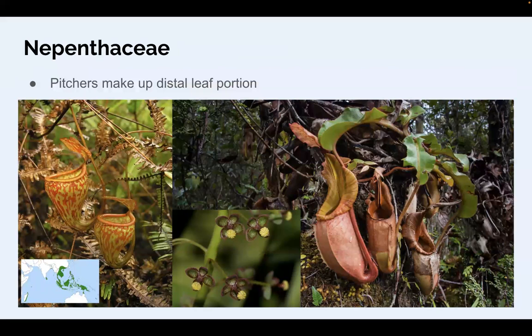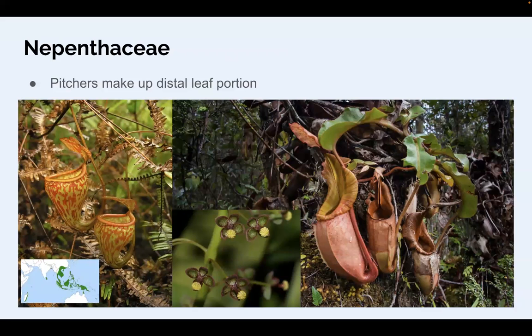This other genus, Nepenthes, is diverse and relatively widespread in Southeast Asia. So Southeast Asia through Indonesia, quite a few different species and a variety of different pitcher shapes. So pitchers in this group are modified at the tip of the leaf. So this is the base of the leaf.